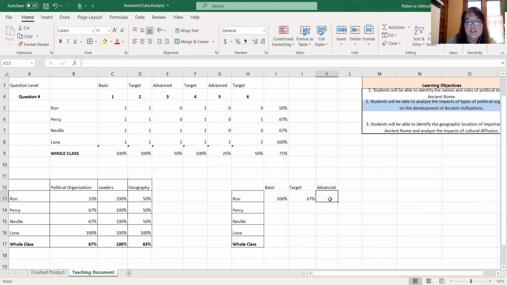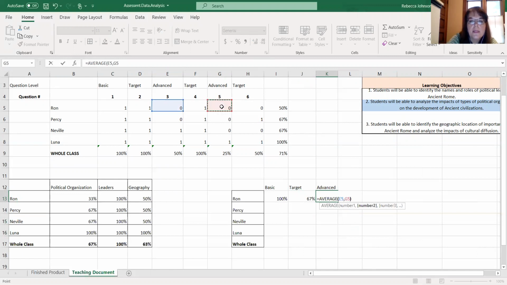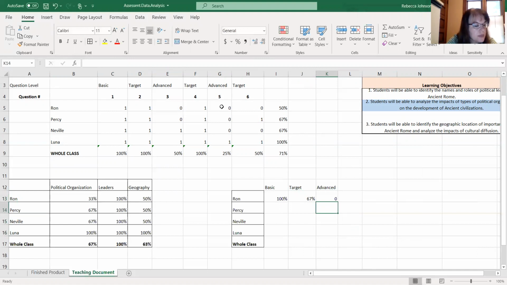And then advanced questions, these most difficult questions. There were 2 advanced questions. Okay, and so the percentage on that was 0. I want to make sure that's in terms of 0%. Okay, and so now I can pull down and get these for the whole group, right?